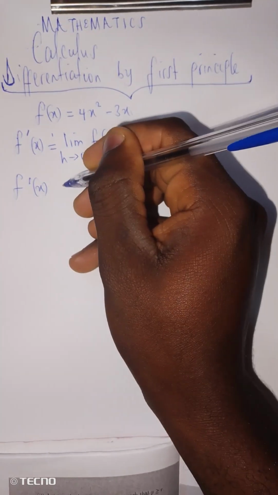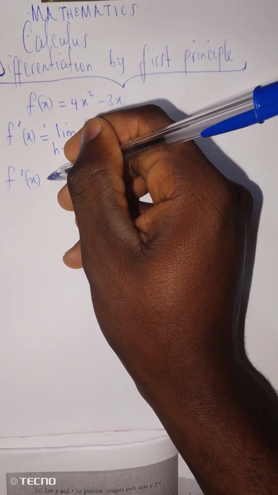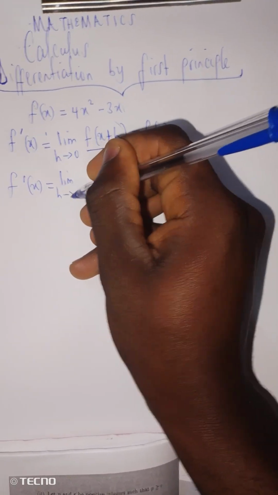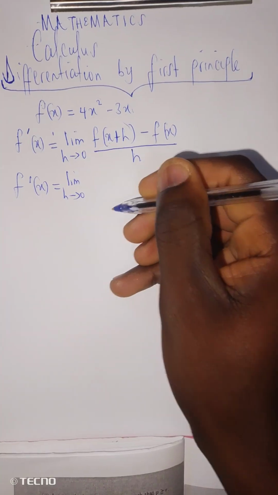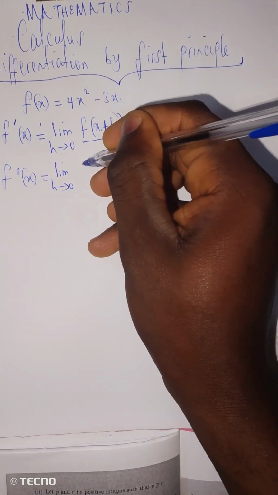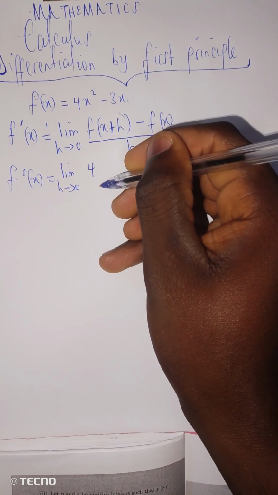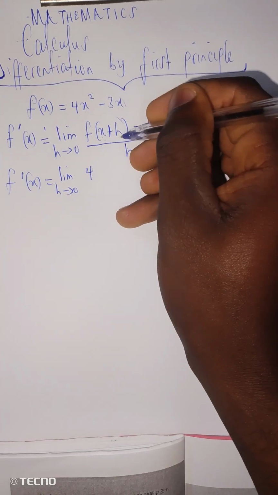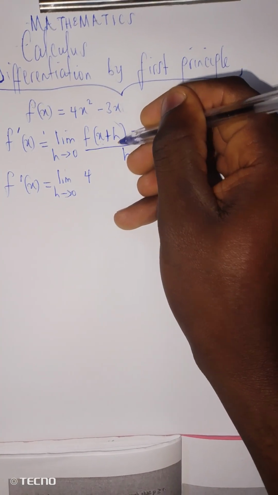So f prime of x is equal to the limit as h approaches 0. So this function f, I'm going to write this function 4, but wherever there's x, I'm going to substitute x plus h. That's the meaning there.